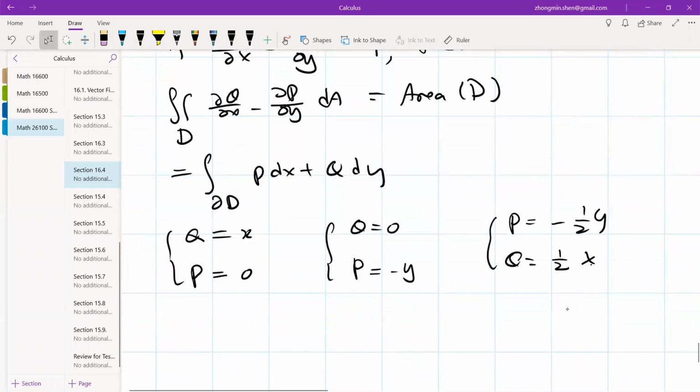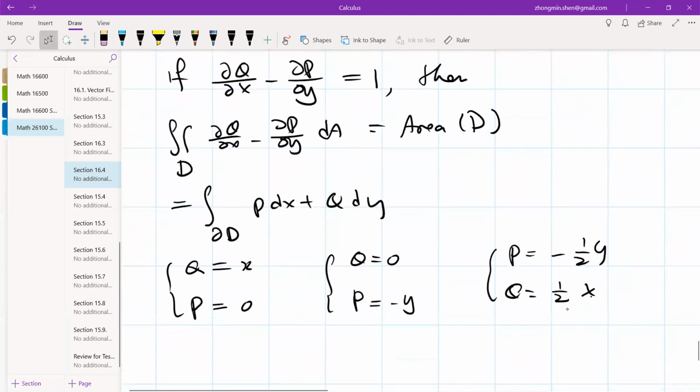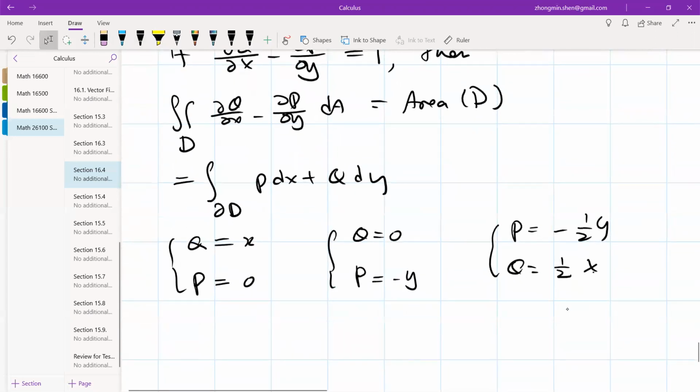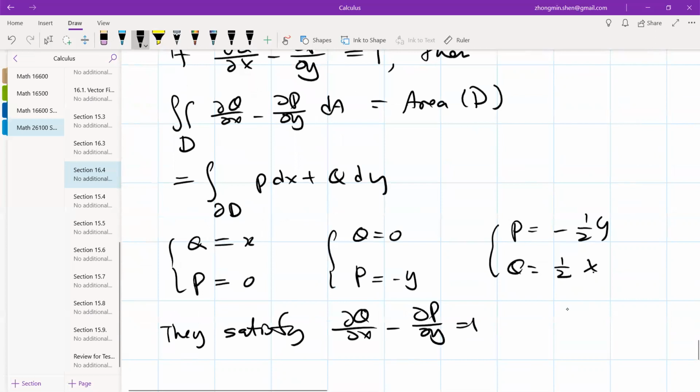All of them satisfy the above equation. You can check that, right?